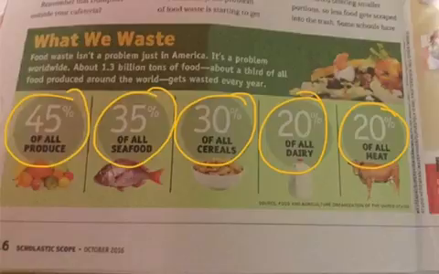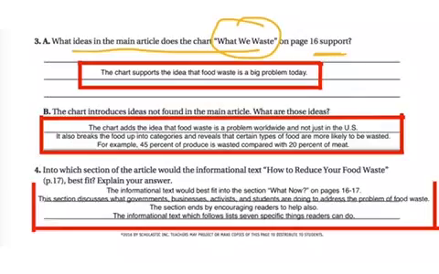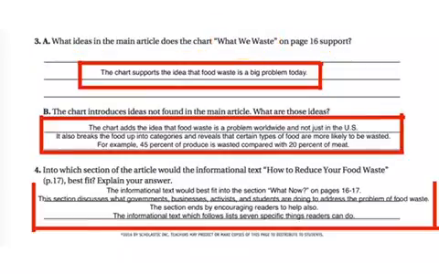All of this is wasted. About 1.3 billion tons of food, about a third of all food produced around the world, gets wasted every year. So this chart is showing me that this is a very big problem that we have in our world, not just America. So hopefully you have something like that written down.